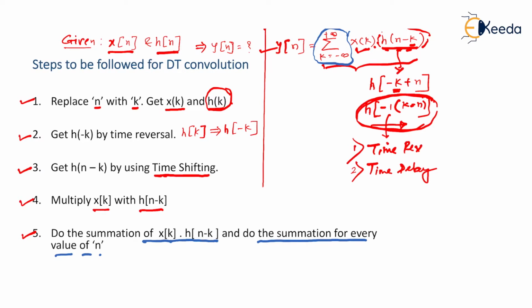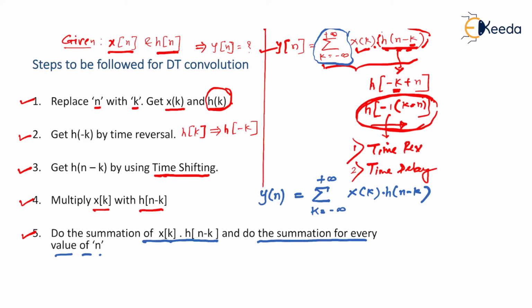Now what does that mean? I'll try to make you understand. If you see this summation, the k variable is moving from minus infinity to plus infinity. In the bracket we have x of k dot h of n minus k, and this whole is equal to what? y of n. Is that right?